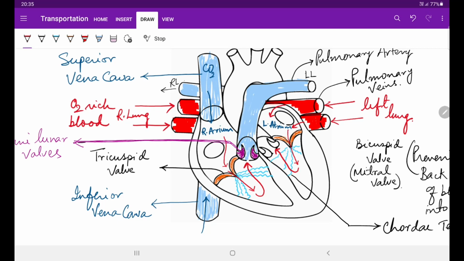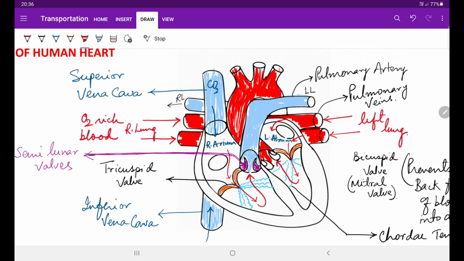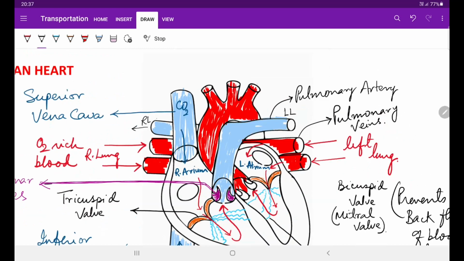So, the aorta is a huge blood vessel, the thickest artery present, and it originates from the left ventricle. The aorta initiates from the left ventricle and it carries oxygenated blood to different parts of the body. After it leaves the left ventricle, it branches out into three parts.